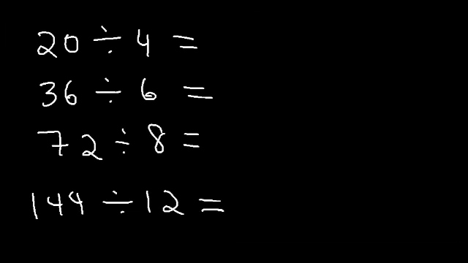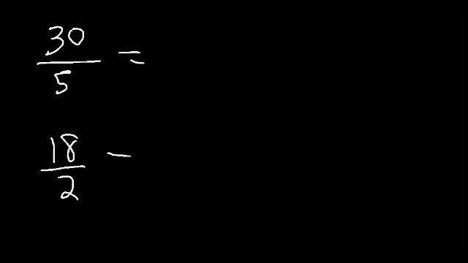So 20 divided by 4 is 5 because 4 times 5 is 20. Since 6 times 6 is 36, 36 divided by 6 is 6. Now 8 times 9 is 72, so 72 divided by 8 is 9. And since 12 times 12 is 144, 144 divided by 12 is 12.